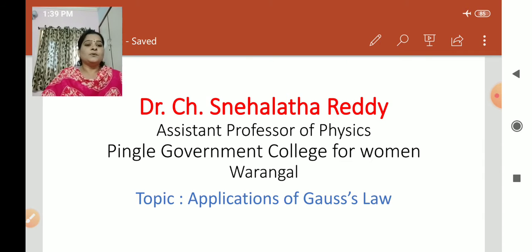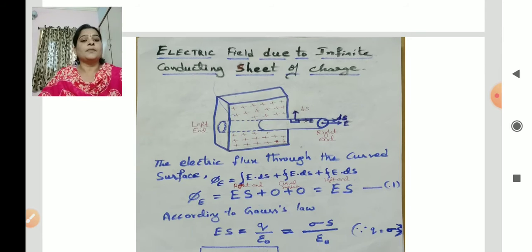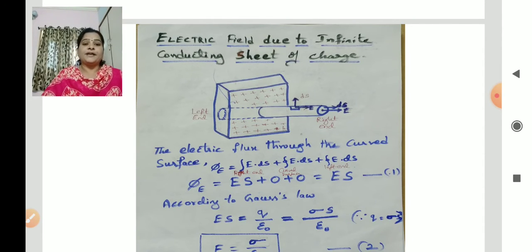Now we shall see some more applications of Gauss law, to an infinite conducting sheet of charge. We are applying Gauss law to one-dimensional, two-dimensional as well as three-dimensional closed surfaces.